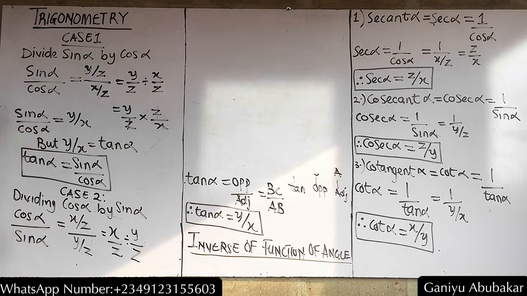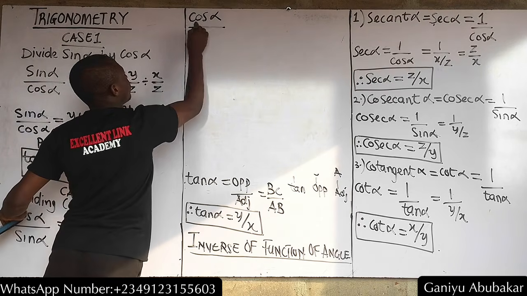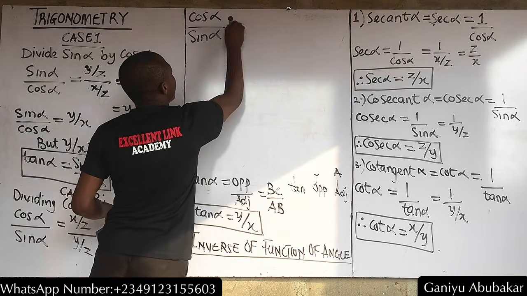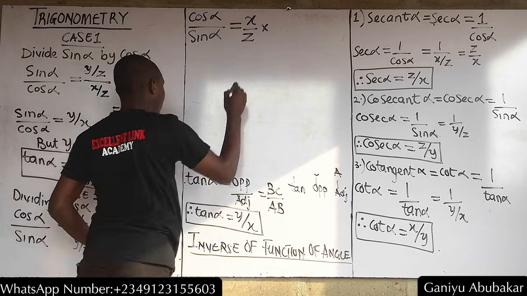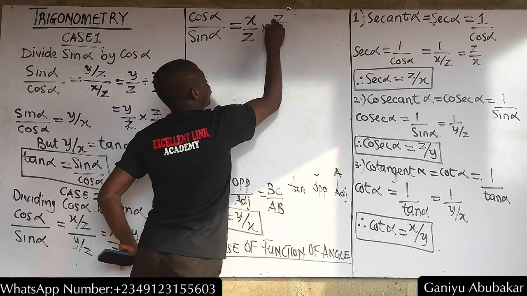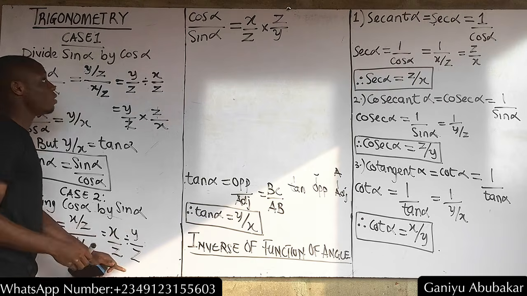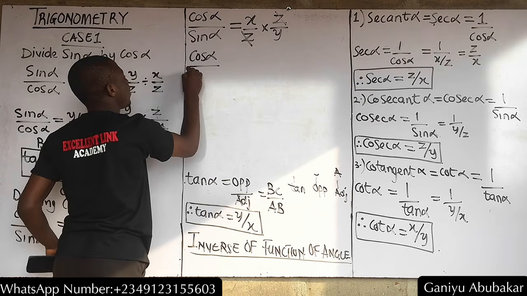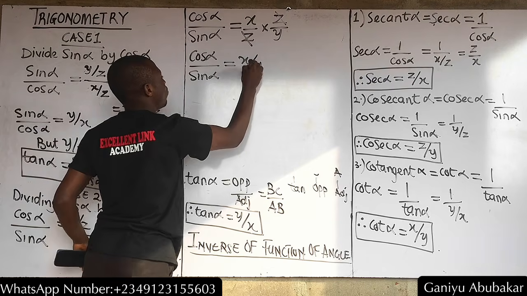Alright, from here now, breaking this one down, cos alpha all over sine alpha will be equal to x over z times, this one comes up, z, all over, this one goes down, y. So this one cancels this. So cos alpha all over sine alpha is equal to x over y.